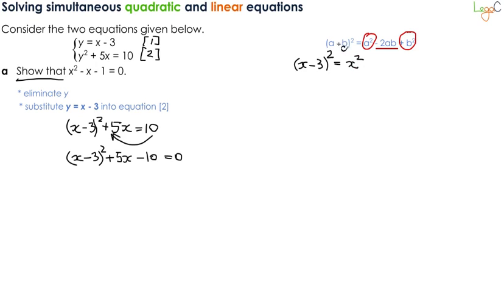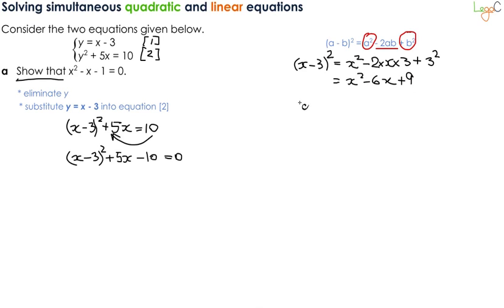Because there is a minus here, we have a minus there, so negative 2 times a times b, so times the first term times the second term, so times x times 3, plus b squared, which is 3 squared. If we simplify this, we end up with x squared minus 6x plus 9.